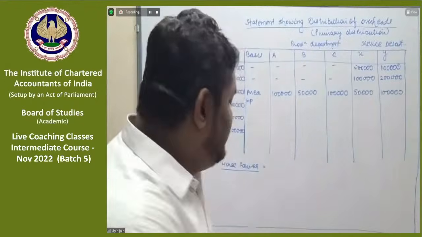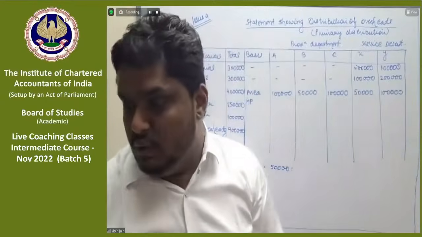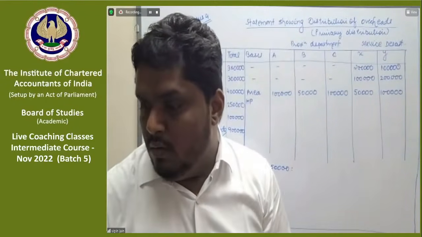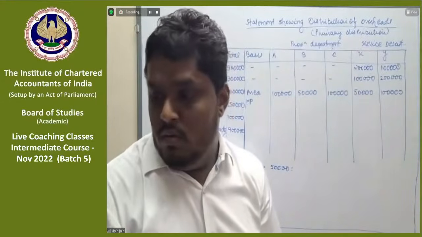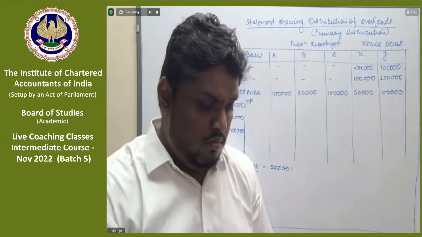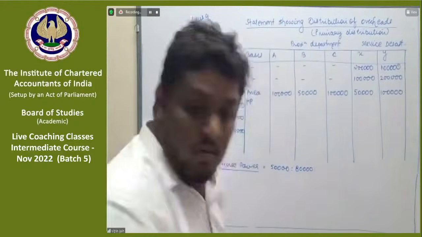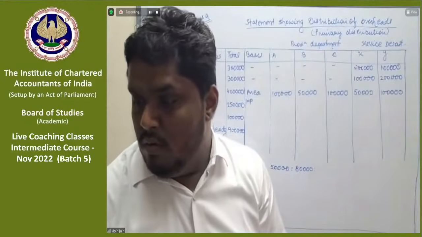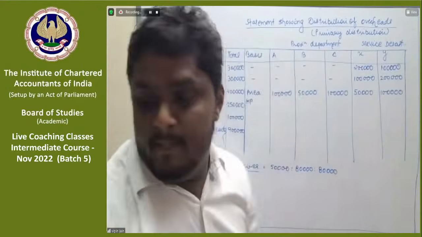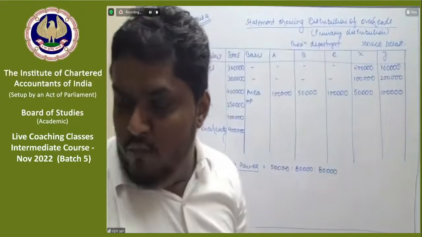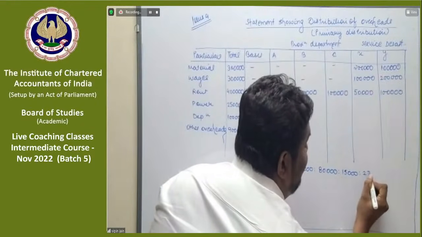So total this will be distributed in the ratio of 50,000 is to 80,000 is to 80,000 is to 15,000 is to 25,000.